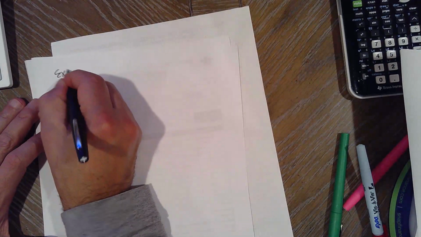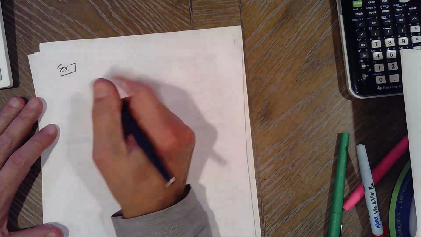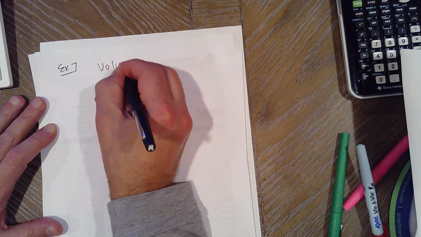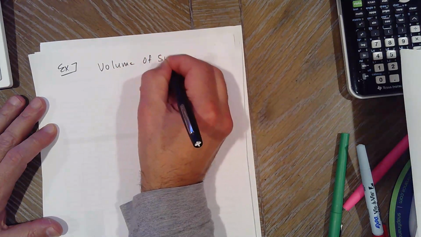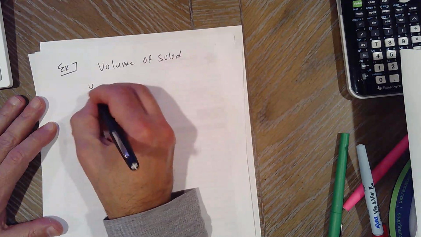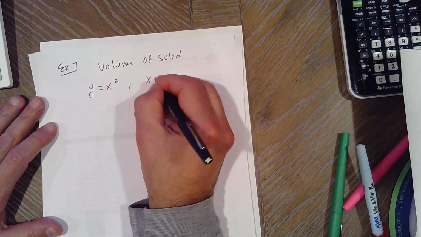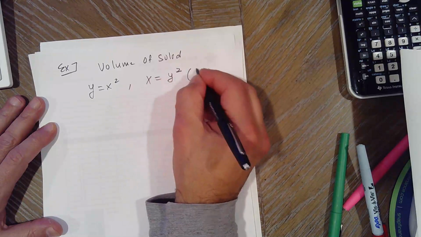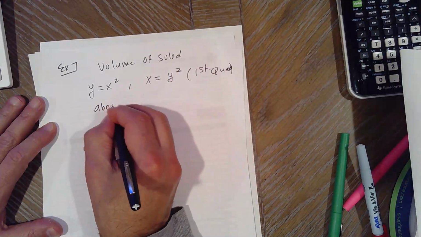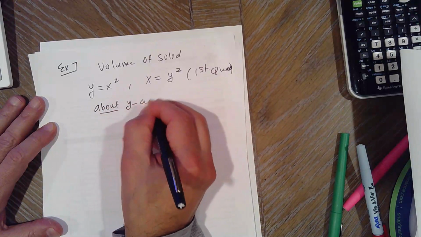Example 7. Again, use the measurement in a calculator to find the volume of the solid generated by revolving the region bounded by y equals x squared, x equals y squared, in the first quadrant, about the y-axis.